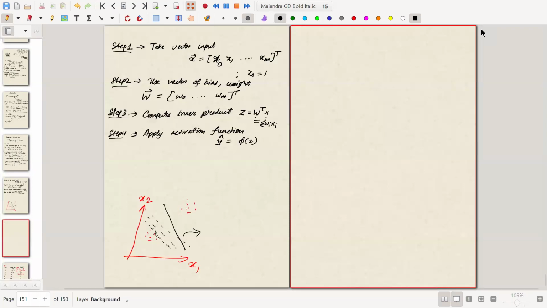An alternative is to combine different perceptrons to make an artificial neural network. So you already know about this, isn't it?